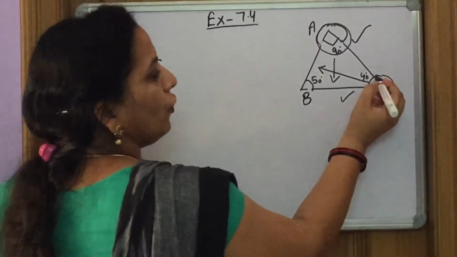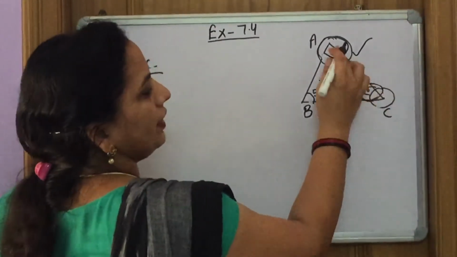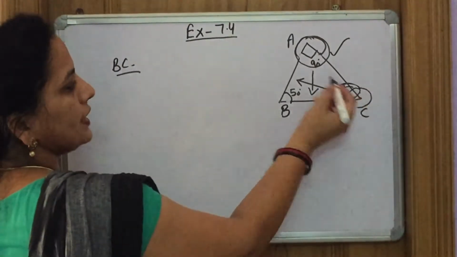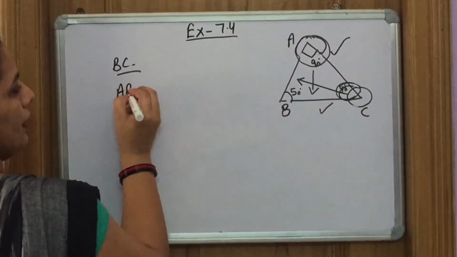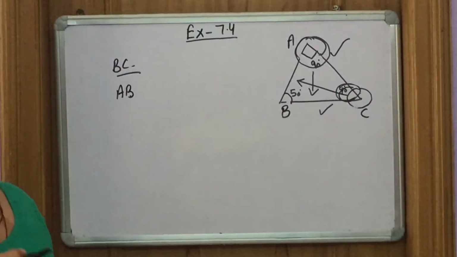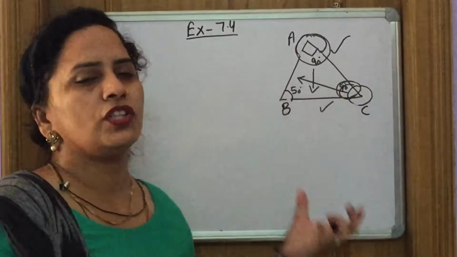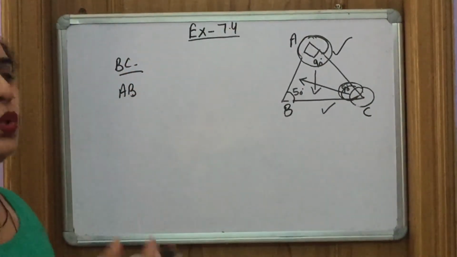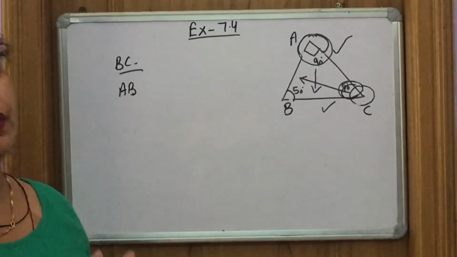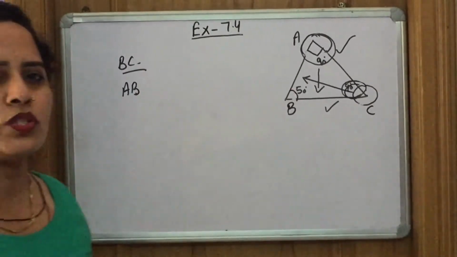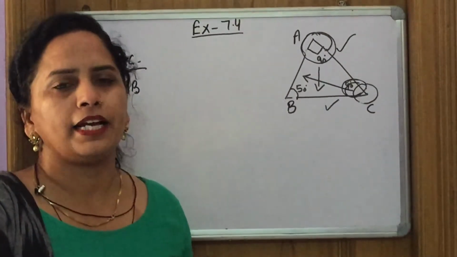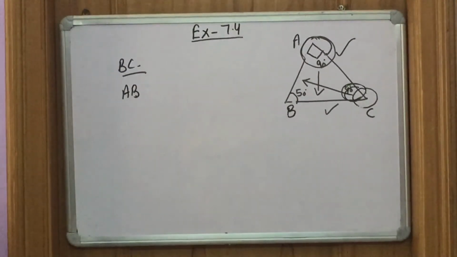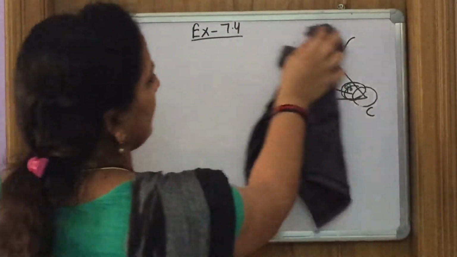Similarly, 40 degrees is the smallest angle among these three angles, so its opposite side, AB, will be the smallest side of the triangle. That means opposite to a larger angle the side will be larger, and opposite to a smaller angle the side will be smaller. These are two main conditions which we will use in this exercise.